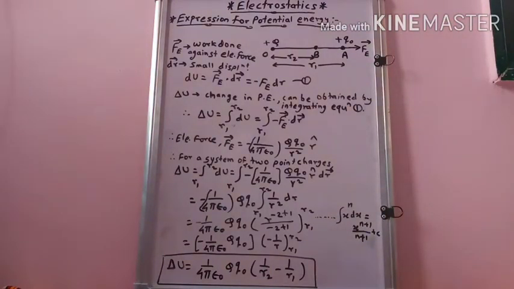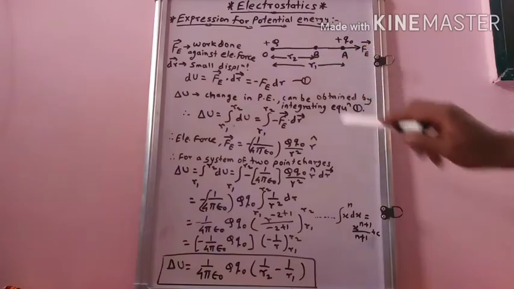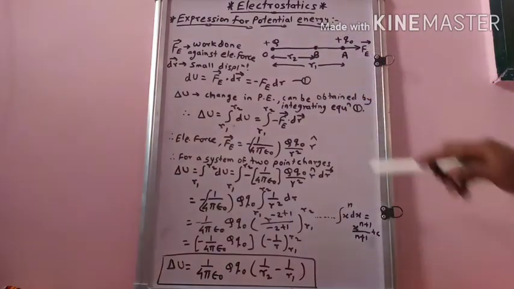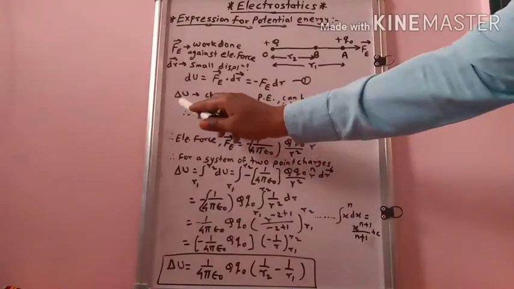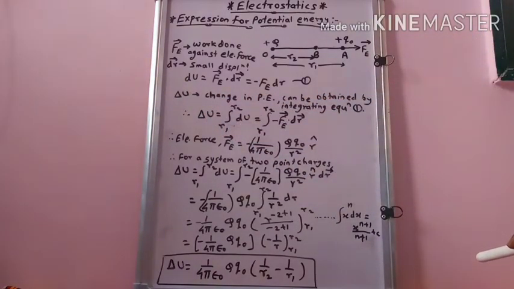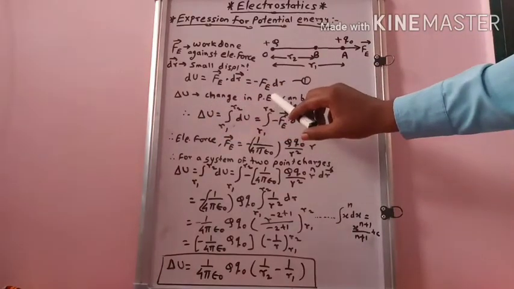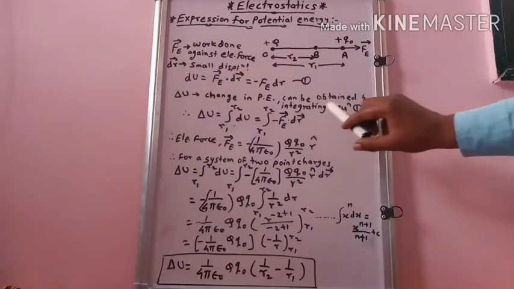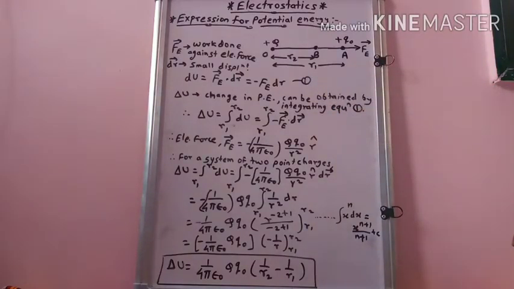For the displacement of the charge from the initial position A to the final position B, the change in potential energy due to the motion of the charge from A to B is denoted by delta U, and it can be obtained by integrating equation number 1.